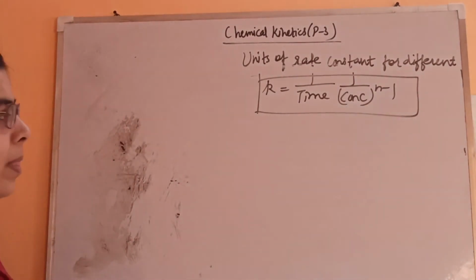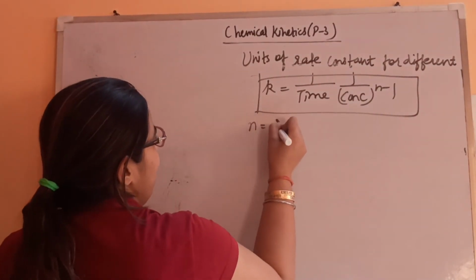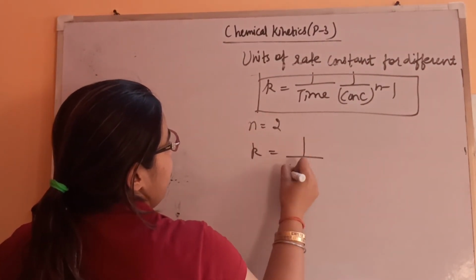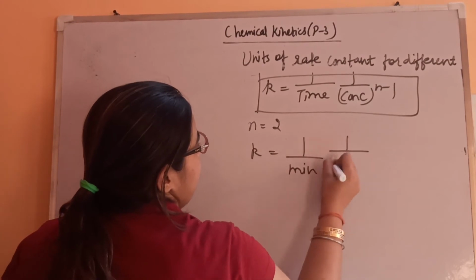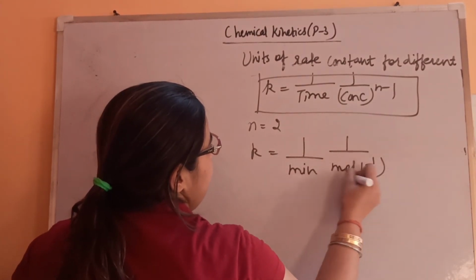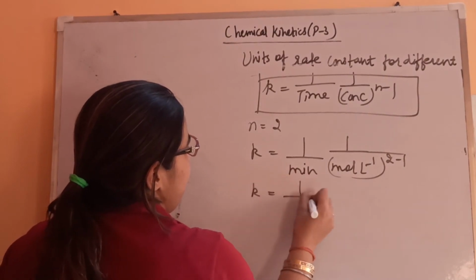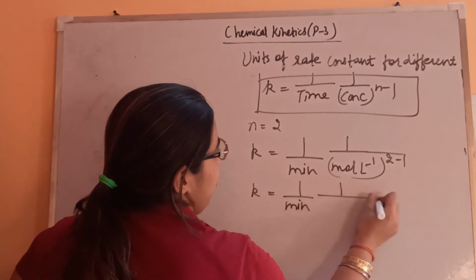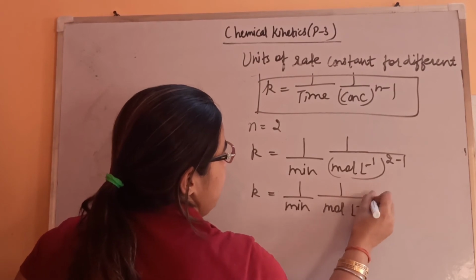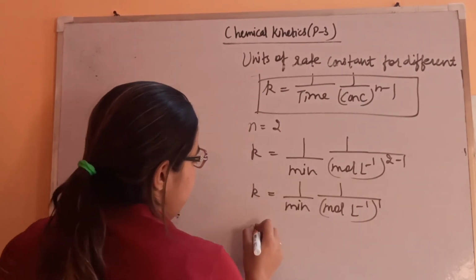Second order. If n is equal to 2, so K is equal to minutes, moles per liter, then 2 minus 1. So K is equal to 1 upon minute, 1 upon moles per liter, 2 minus 1 is 1. So what are the units?